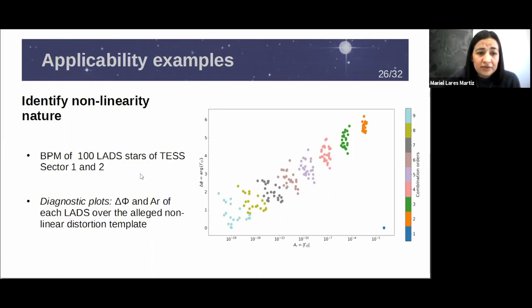And we did this for 100 low amplitude Delta Scutis.